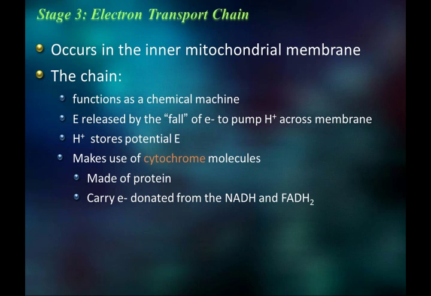Those electrons are going to be dropped off, and from that there's going to be resultant chemiosmosis of hydrogen ions from the matrix region to the intermembrane space. These hydrogens are going to cause a buildup of potential energy, and that potential energy is what's going to result in the ATP synthase turning on.